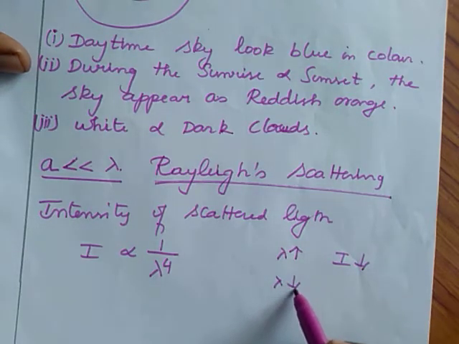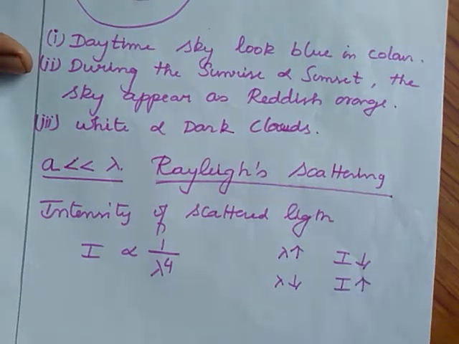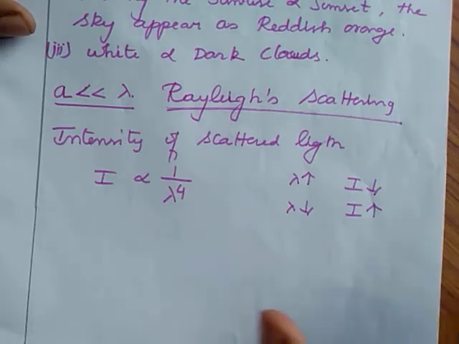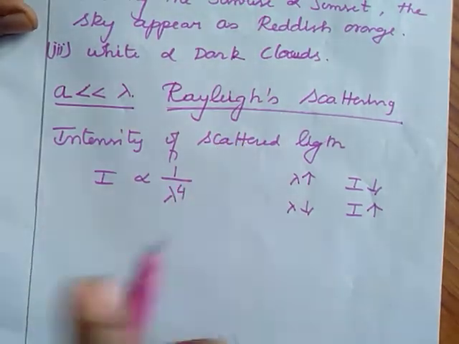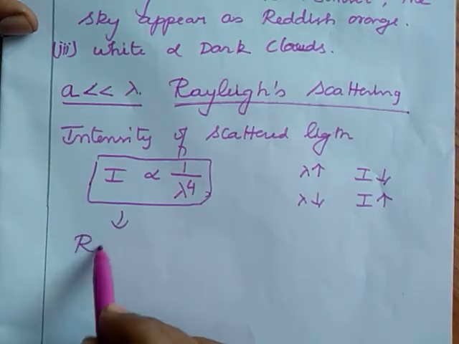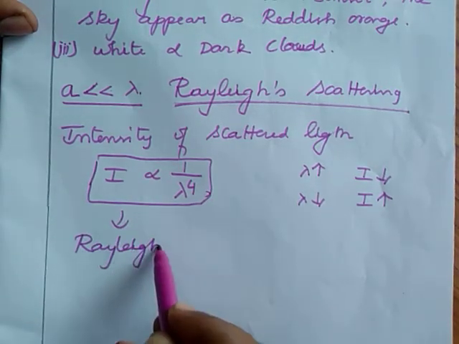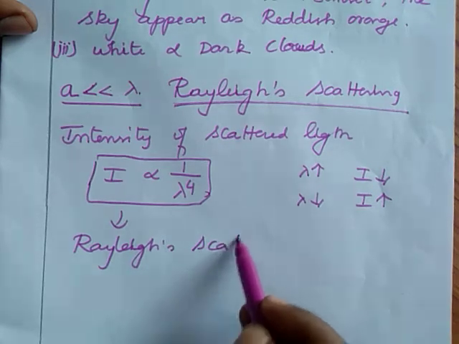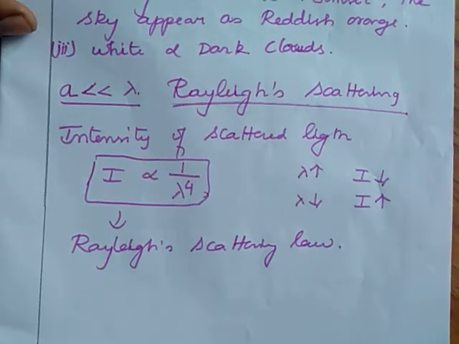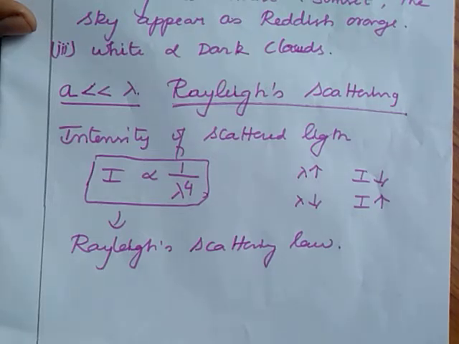If wavelength decreases, the amount of scattering increases. This is the Rayleigh scattering law. By using this law, we can show why in the daytime the sky looks blue in color, and during the sunrise and sunset the sky appears reddish orange.